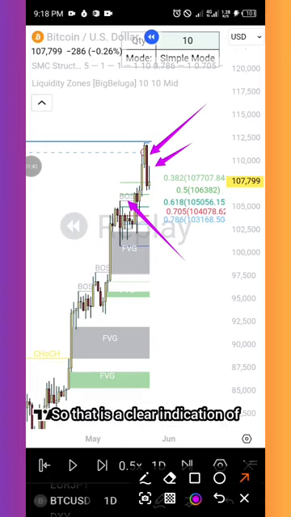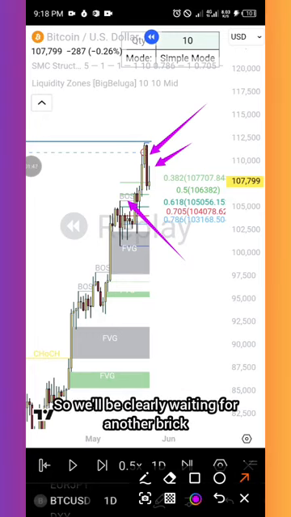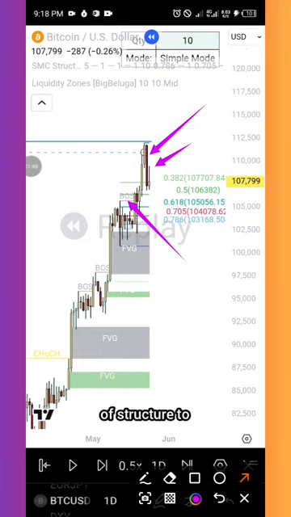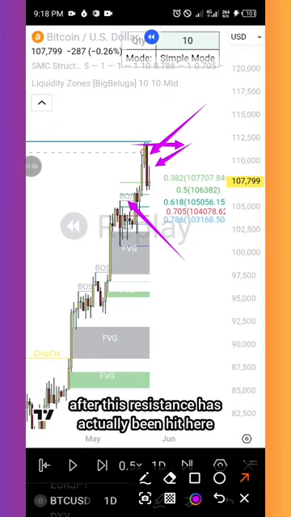So that is a clear indication of a resistance. So we'll be waiting for another break of structure to happen after this resistance has been hit here.